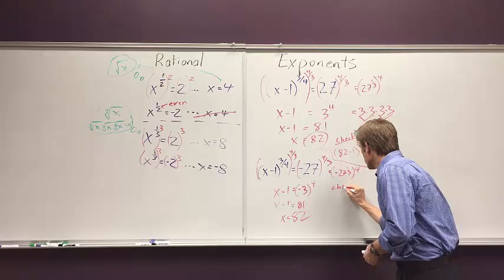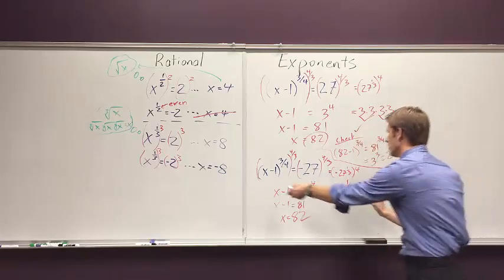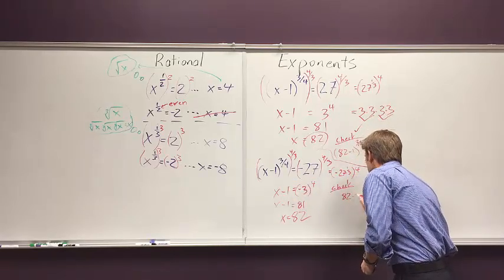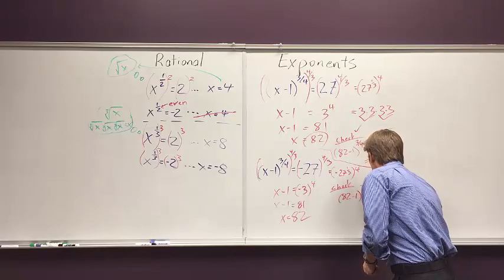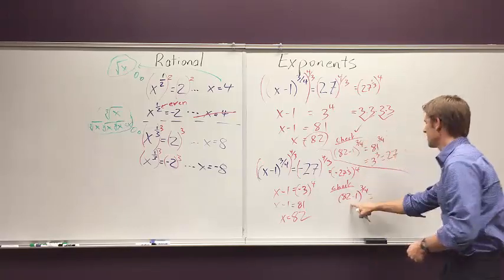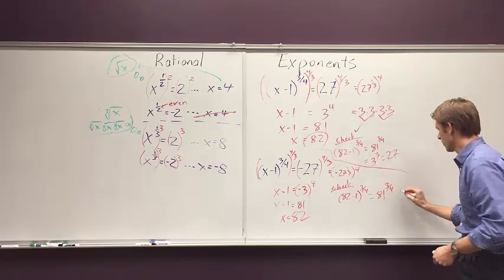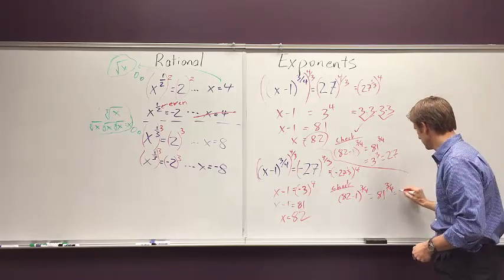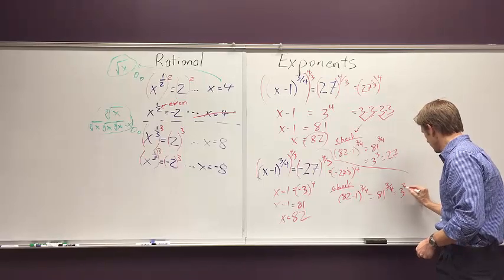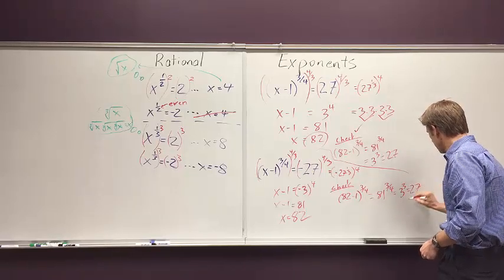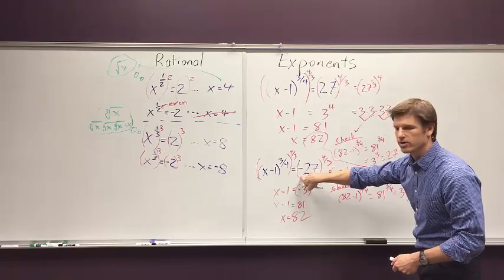So if you were to check, what would you do? You'd put in 82 minus 1 to the 3/4. That's 81 to the 3/4. The 4th root of 81 is 3, so 3 to the 3rd equals 27. Not negative 27.